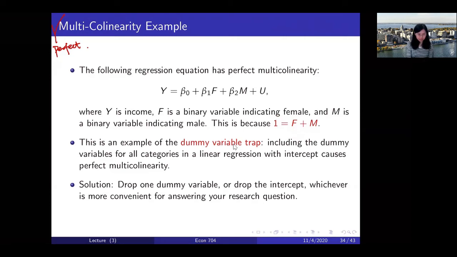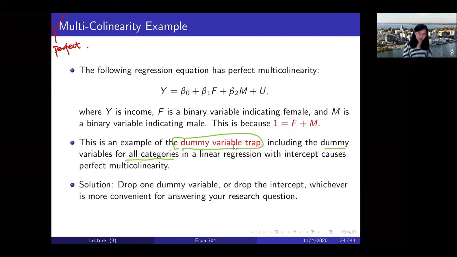This is an example of what we call the dummy variable trap. That is, if you have a categorical variable and you create a dummy variable for each and every category, then including the dummy variables for all categories in a linear regression will cause perfect multicollinearity.